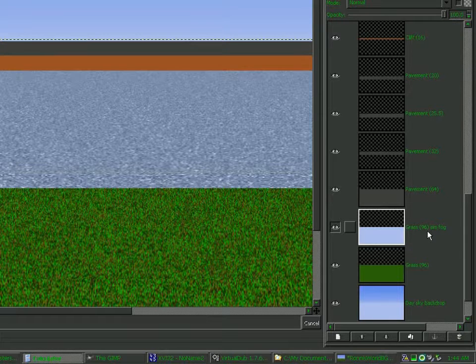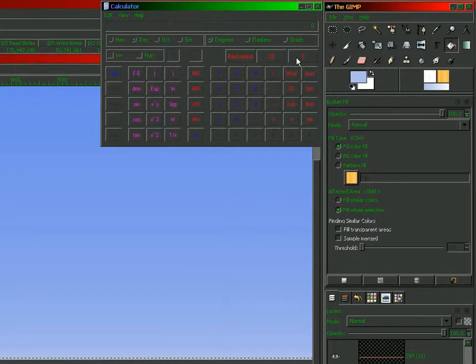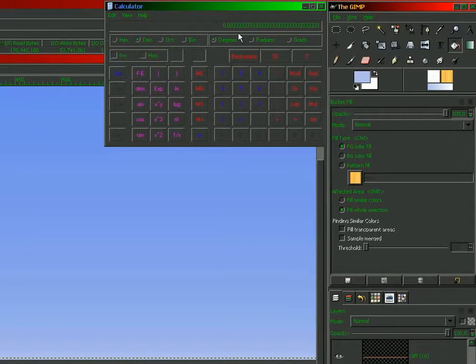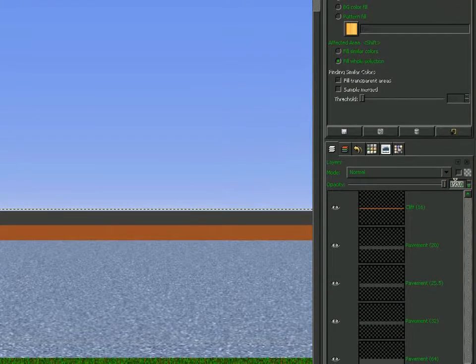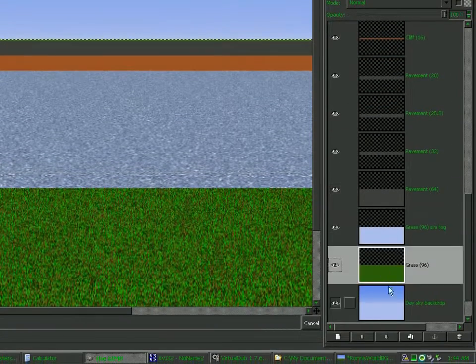So, for 64, this is based on 64 to 128, I base it not on the scaling, not 128, but 64. So, scaling divided by visibility equals fog opacity. So 8.3. And there you have it.